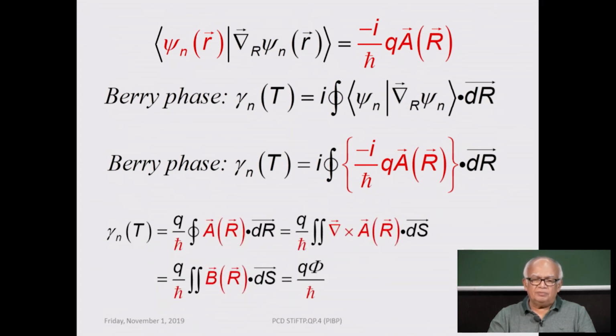And get the common terms out. Now you have got a line integral over a closed path, and where is this path? This is the path outside the solenoid where B is 0, okay.